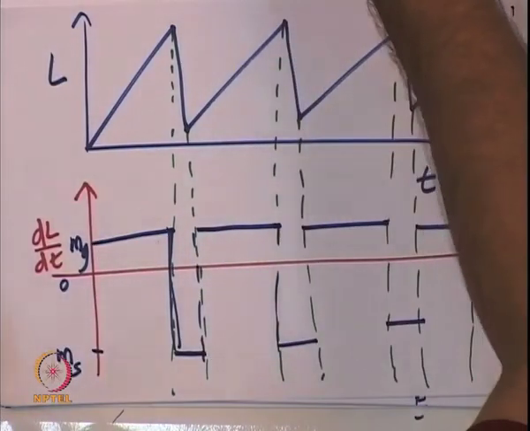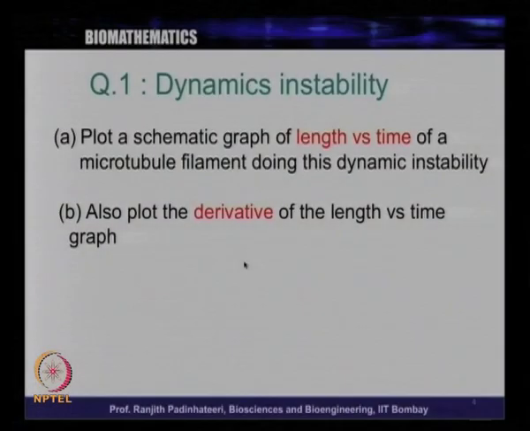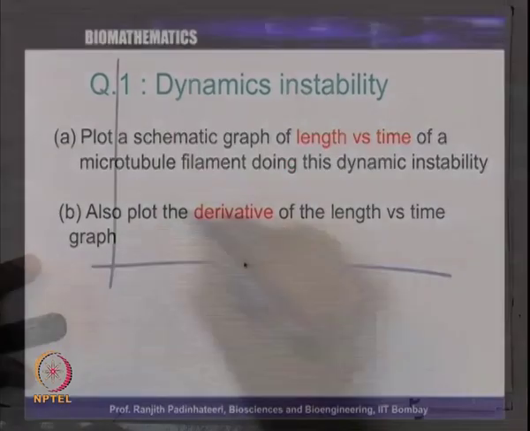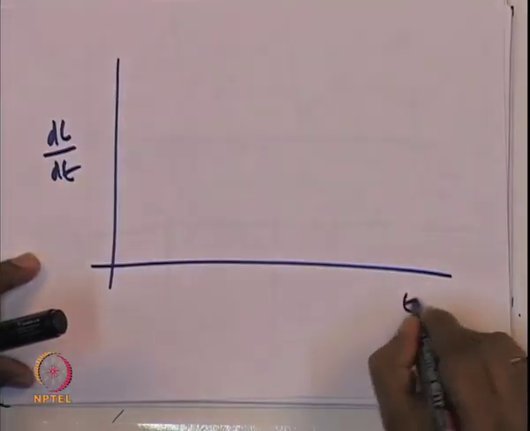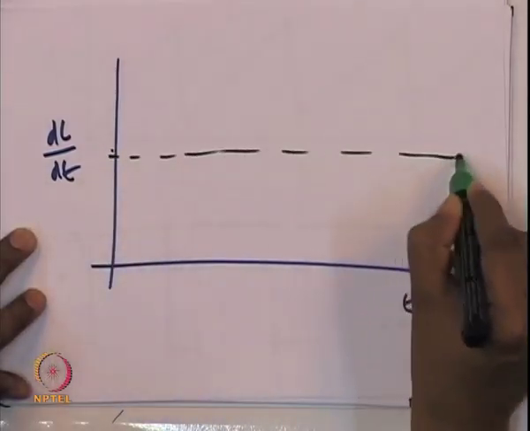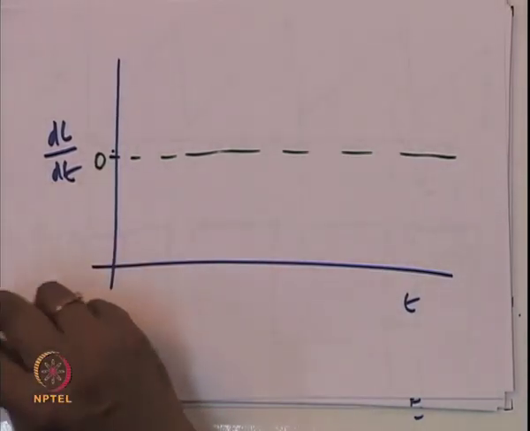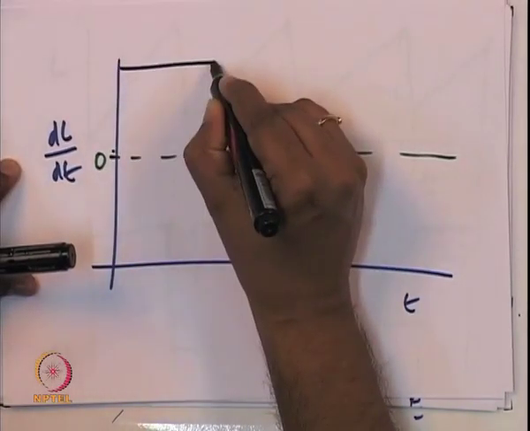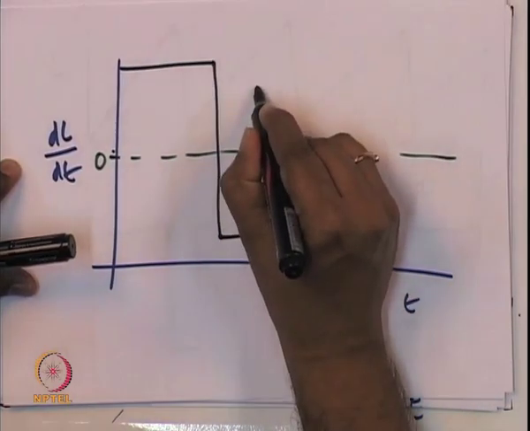If the growth and shrinkage speeds differ in each attempt, you could also get something like the following. Let us say d L by dt versus t, and this is your 0 line, and you could get values going to different levels.